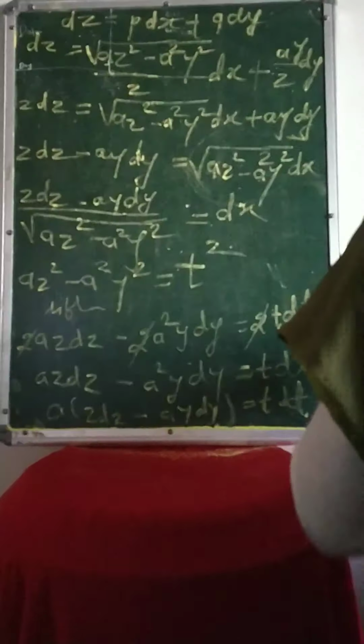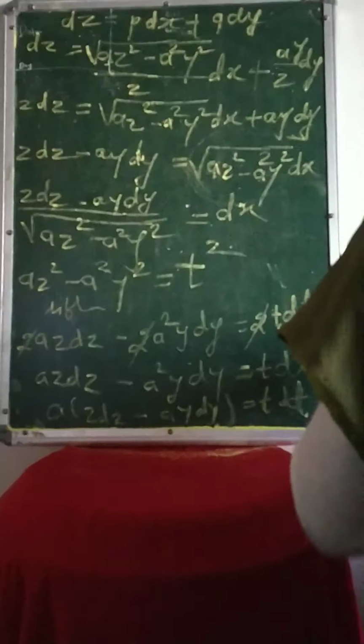Now here one a is taken out common, so one a gets cancelled, means z square minus ay square equal to a into x plus b whole square, such an equation we get. Now this whole equation is divided by a. So what we get? Z square upon a minus y square equal to x plus b whole square.